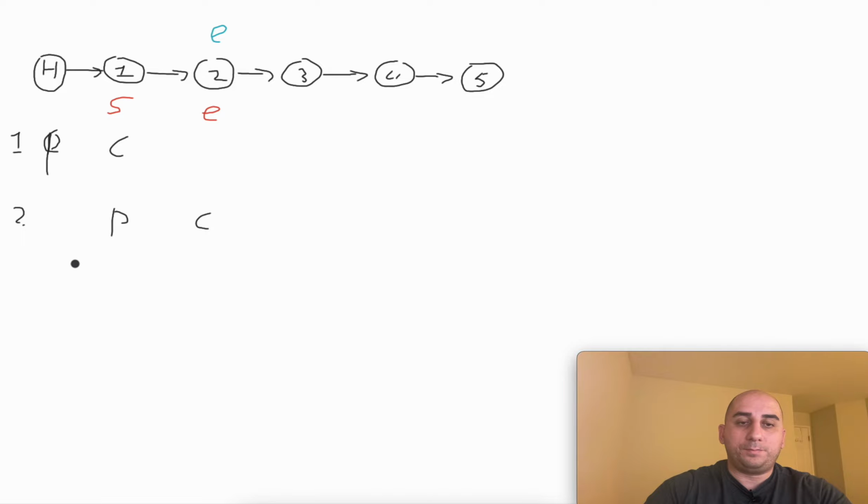I think we need to follow this step by step to make it more clear. In the next iteration we are again moving our pointers, and in the next iteration one more time moving our pointers.